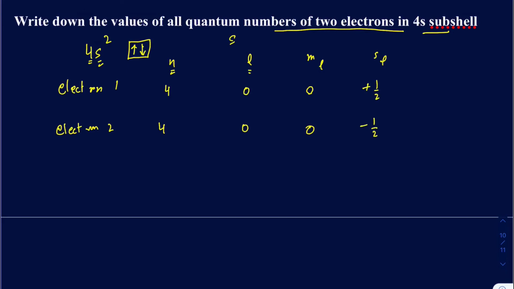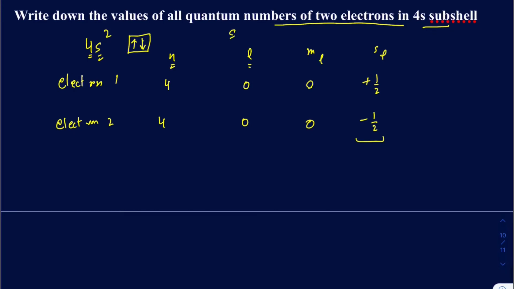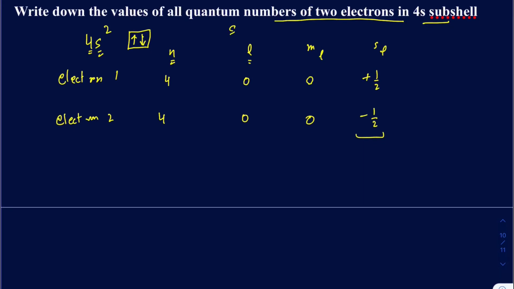So, like I said, sometimes the first 3 quantum numbers for 2 electrons in an atom are the same, and it's the last quantum number that makes the difference in their address. There is a principle called the Pauli exclusion principle, so I'll write that down here.